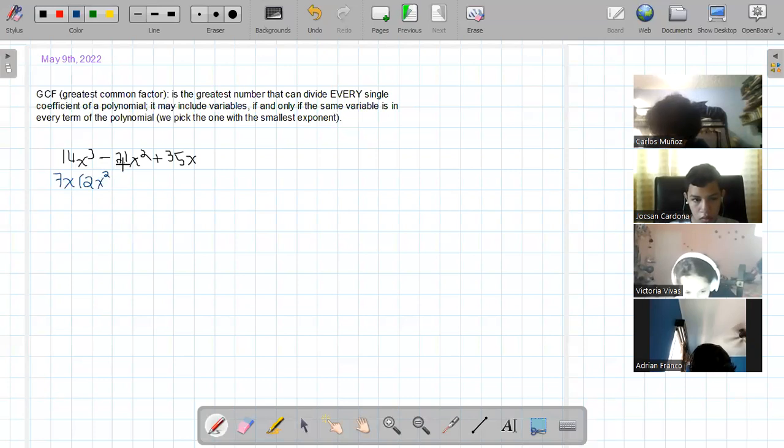Now negative 21x squared divided by 7x is negative 3x. Very good. Now I have 35x divided by 7x. That is positive 5. And what happened to the x?